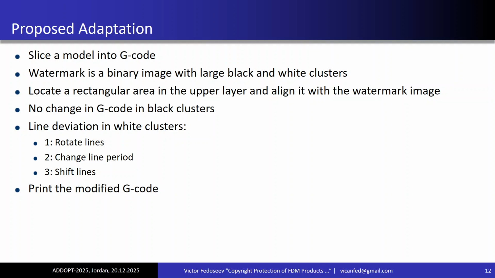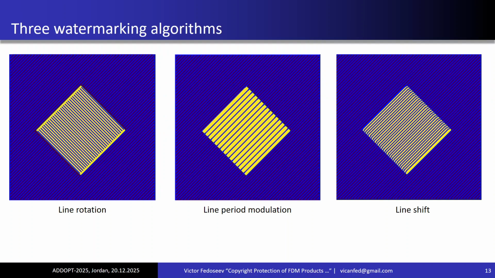Then we don't change anything in G-code in black clusters, but we perform a line deviation in white clusters according to three different options. We can rotate lines, we can change line period, or we can shift lines. And finally, we print the modified G-code.